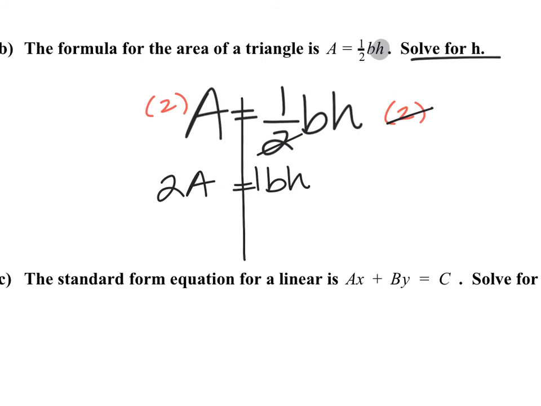Now, we don't really need this 1 since it doesn't change anything, so I'm going to actually get rid of it. It doesn't change the equation. We're solving for h, so now we divide by b. Those cancel out, so we get 2a divided by b equals h. H is alone, everything else is on the other side. You are done.